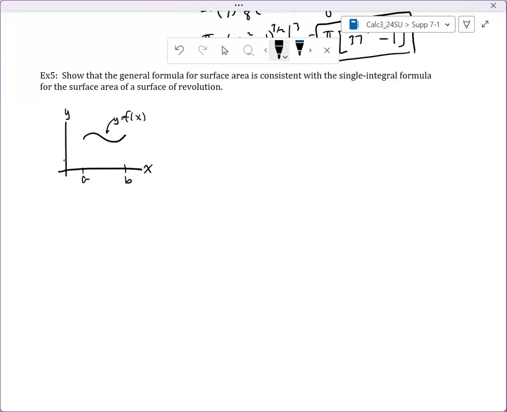So suppose I have a function y equals f of x between a and b, and I'm going to rotate this about the x-axis to trace out a surface of revolution. So I have this surface, and I want to find its surface area.